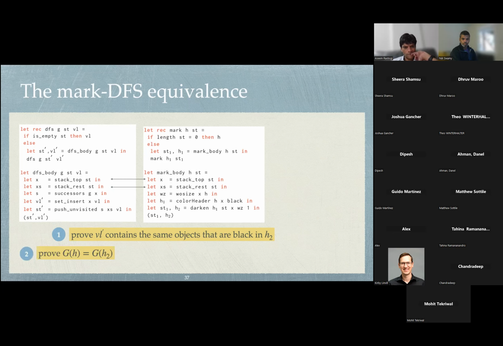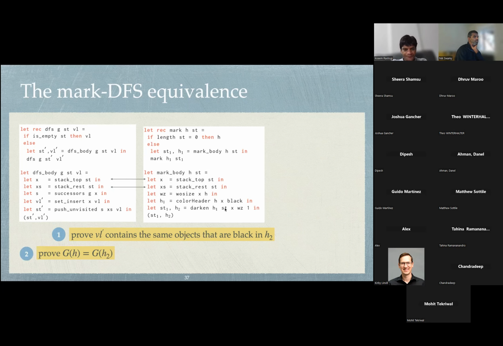The second property is to prove that the graph is unaltered. As I said earlier, the only color change happening is from gray to black in the color header operation: X is gray, X is turned to black. Now in darken, all the white objects will be colored gray, so from white to gray.